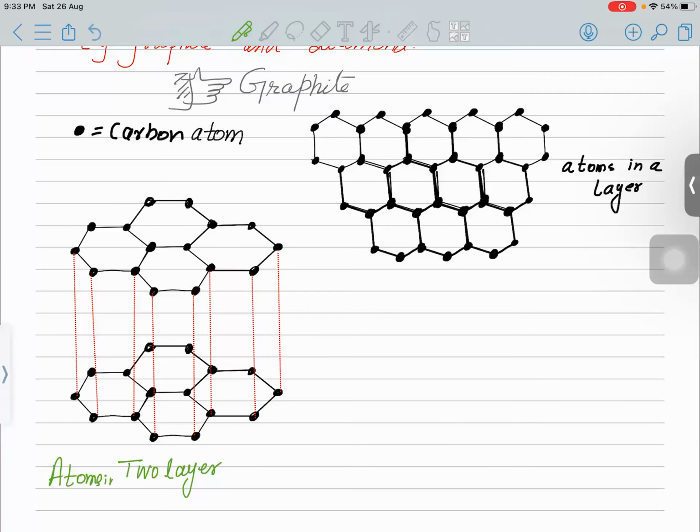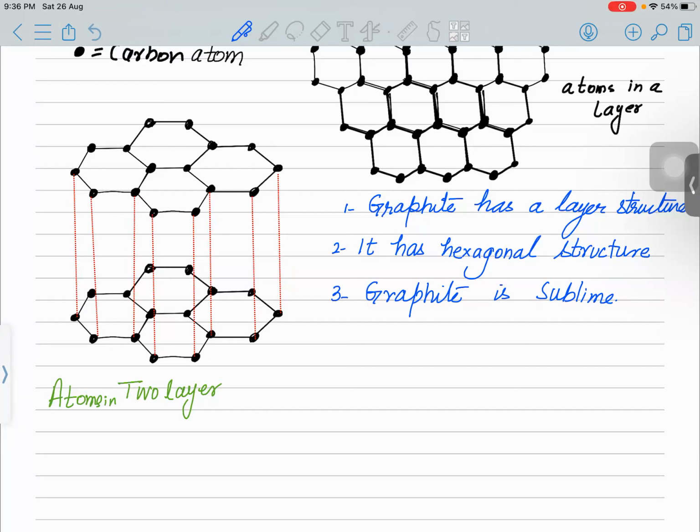Now, next point, point number 3. Graphite sublimes. Can anyone define what is sublime? Sir, it changes state from solid to gas.